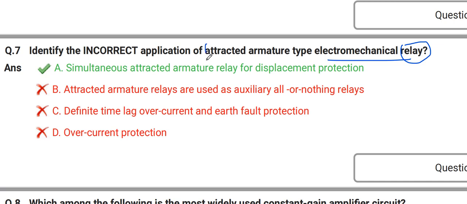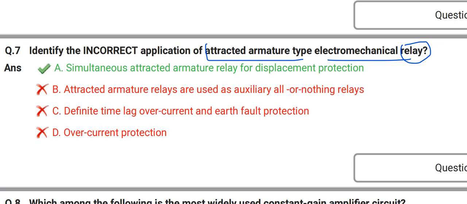They are asking about the attracted armature type electromechanical relay. In option B, attracted armature relays are used as auxiliary all-or-nothing relays. Something is a mistake here.